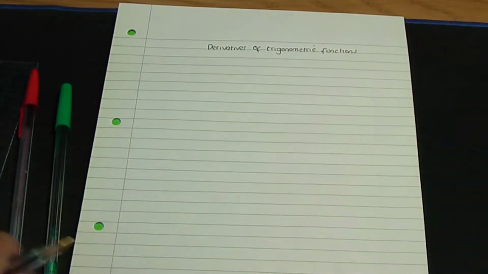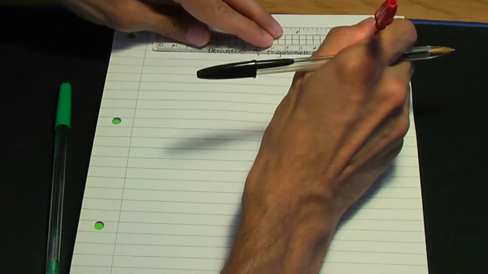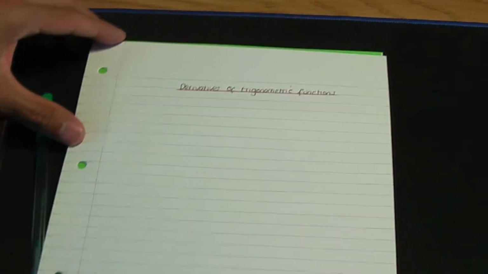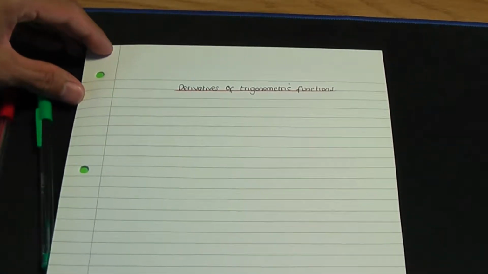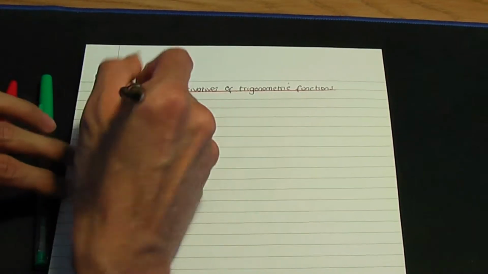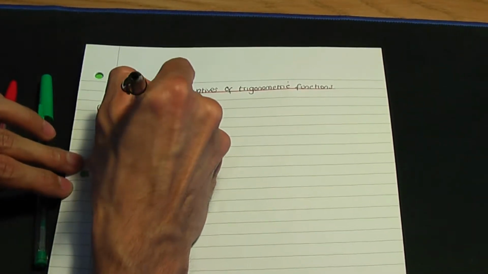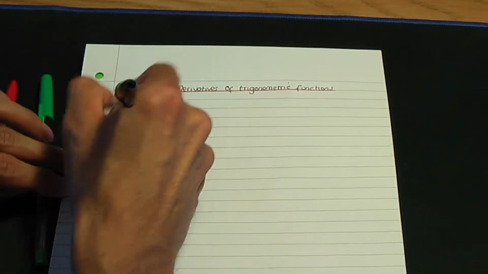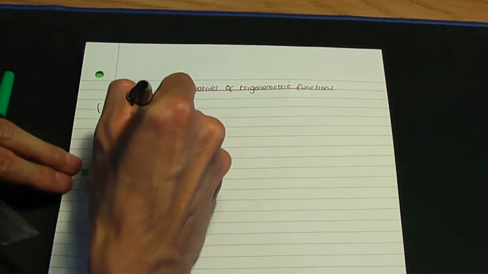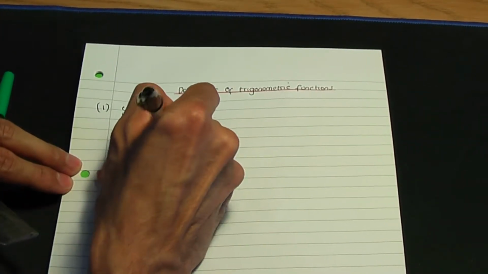Okay, so let me take a red pen and a ruler. Underline this. So let me go through the standard derivatives firstly, and let me number them also. Number one, if y equals sine x, dy over dx, so when you differentiate sine you're going to have cos x.